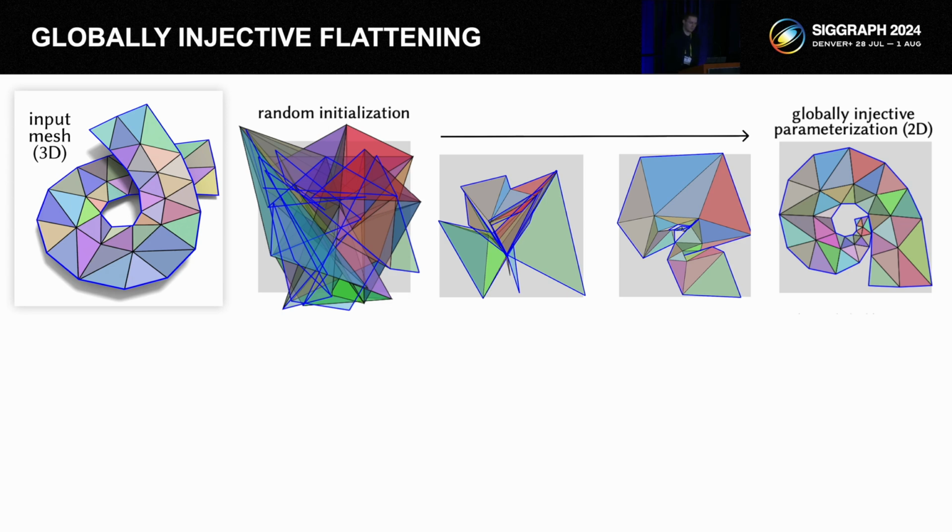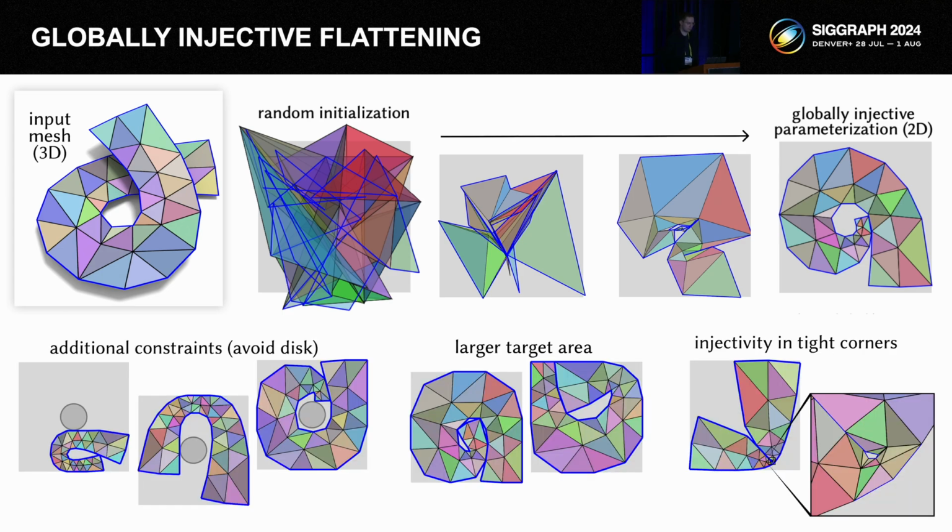And we basically want to have the least amount of distortion of this projection while keeping it injective, meaning there is no self-intersection. And with our method, you can also add additional constraints, like here on the bottom left. And it also works on this bottom right example with a sharp corner where some other methods fail.